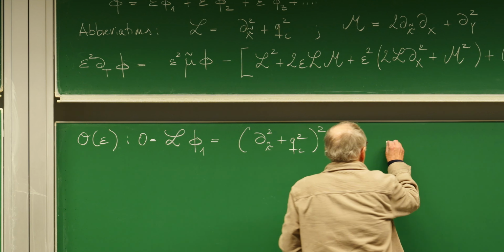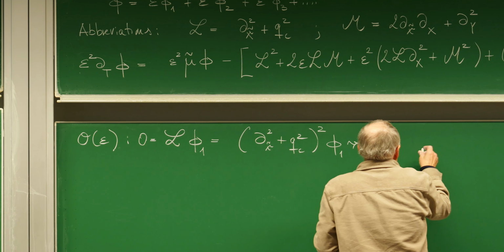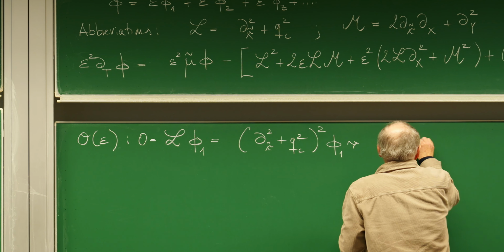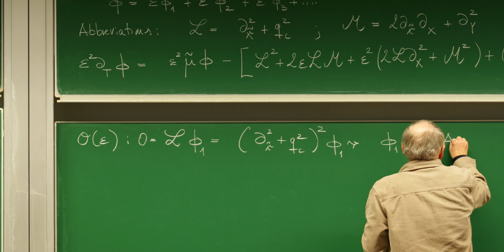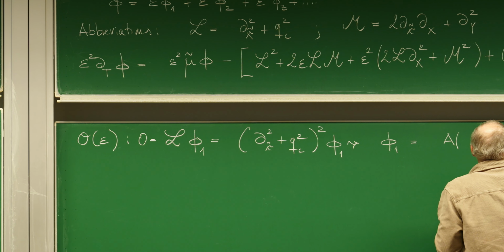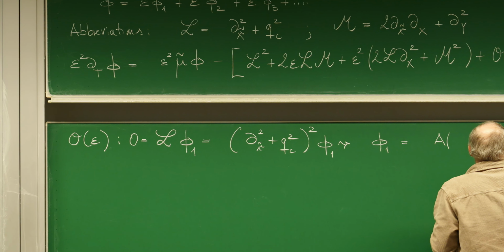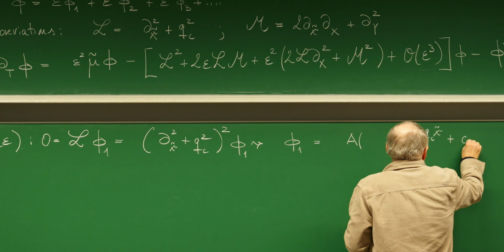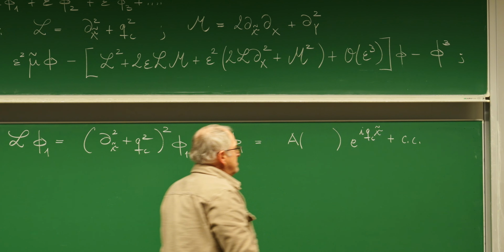So this here has a solution, phi 1 equals A times e to the I qc x plus complex conjugate.